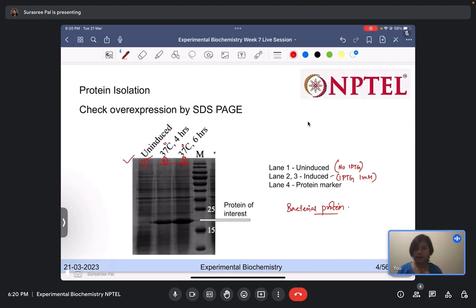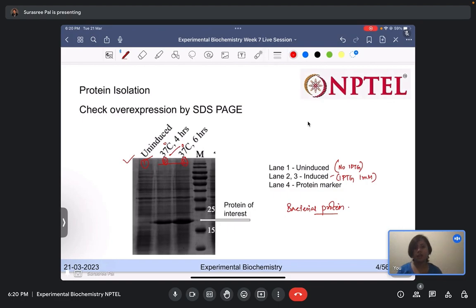We need the protein in larger amounts to perform functional assays. Since this is a bacterial protein, we induced protein formation at 37 degrees centigrade only, not at a lower temperature.